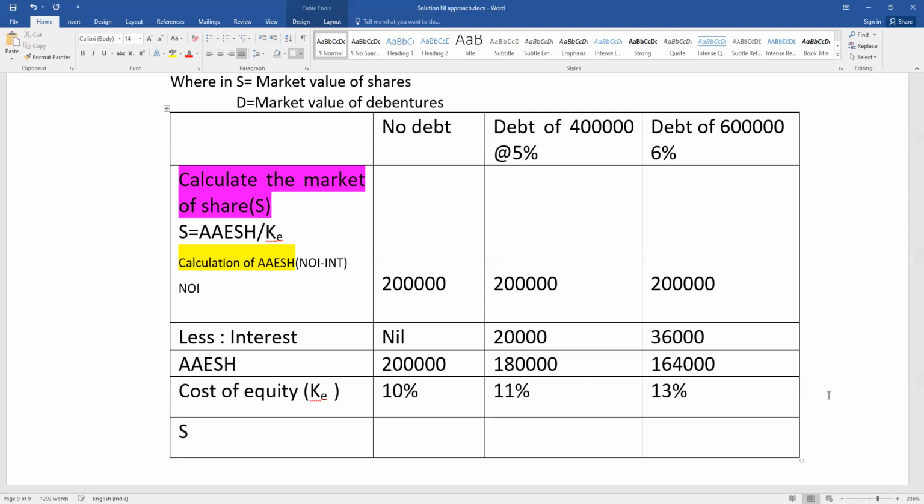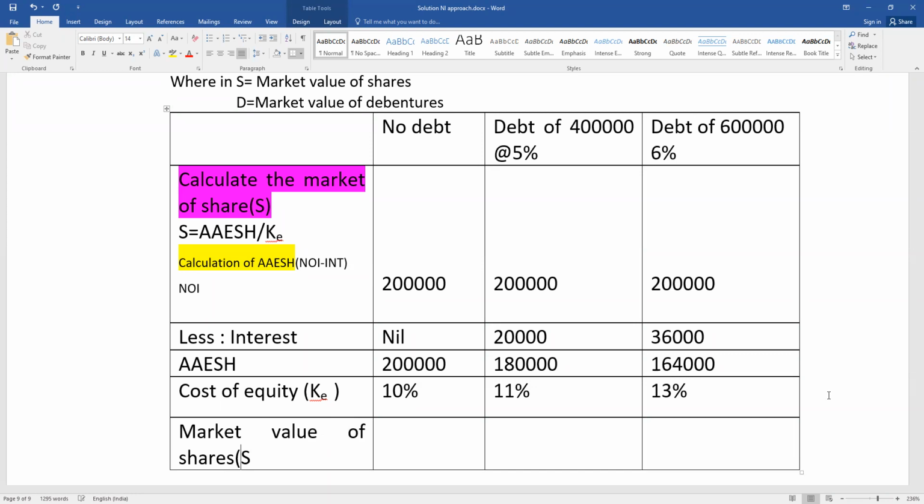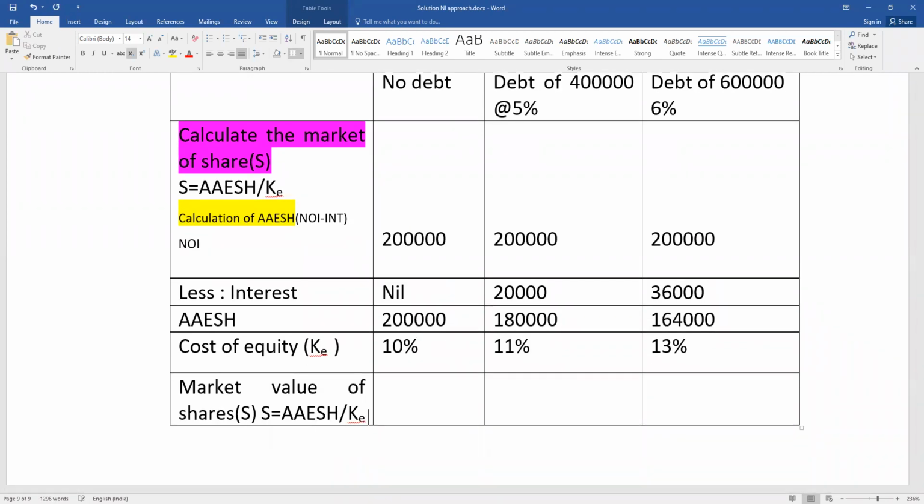S is nothing but the market value of shares. I hope you are following. So market value of S is equal to amount available to equity shareholders divided by cost of equity.